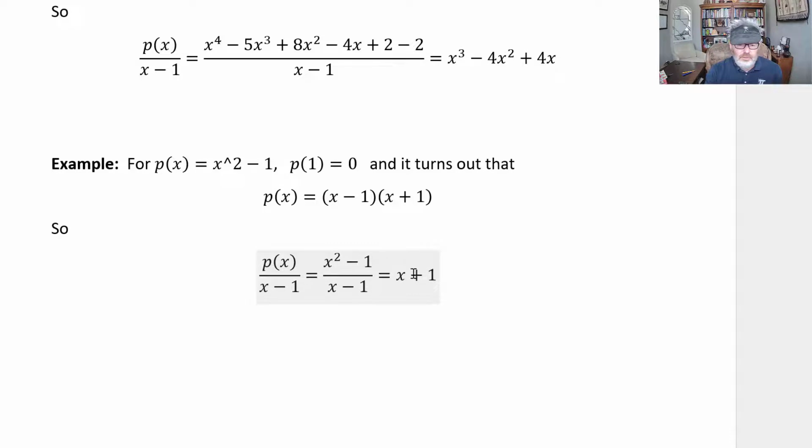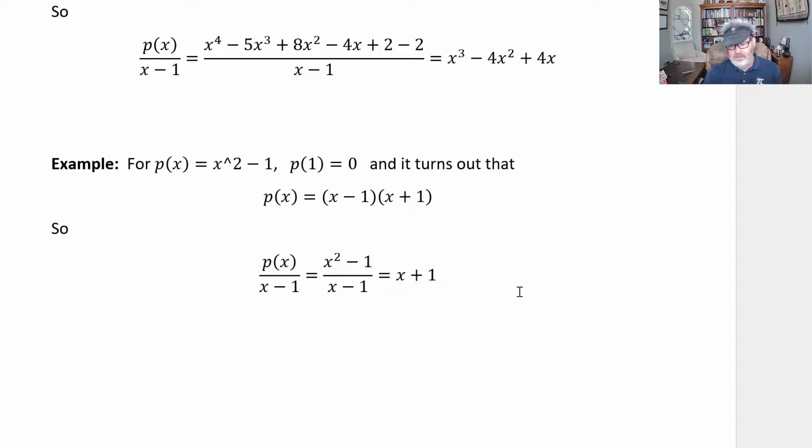So these two expressions, this difference quotient and x plus 1, are different. For every value of x, they're the same, except that x equals 1. This one's undefined, and this one is defined.